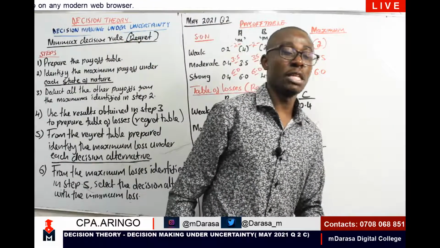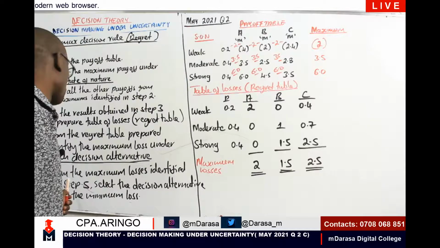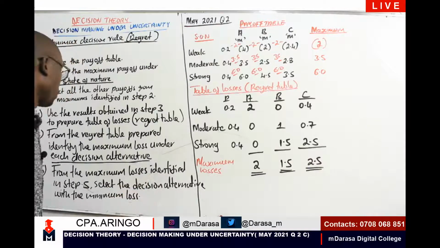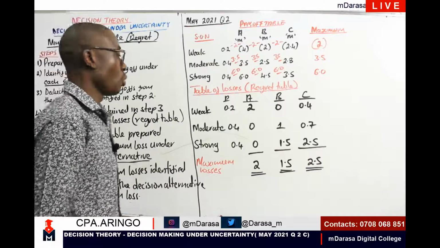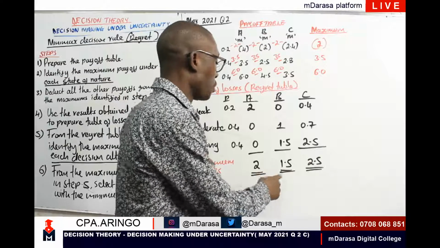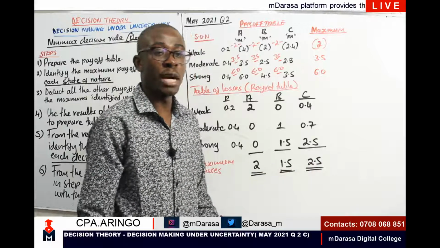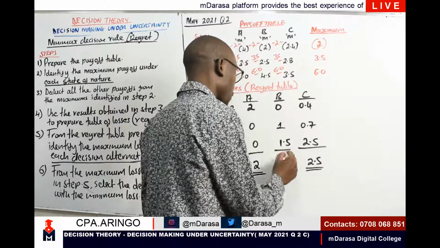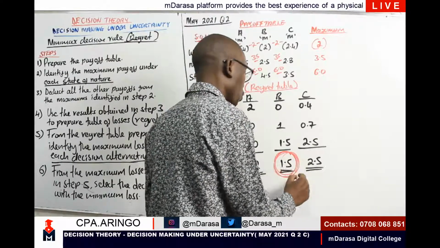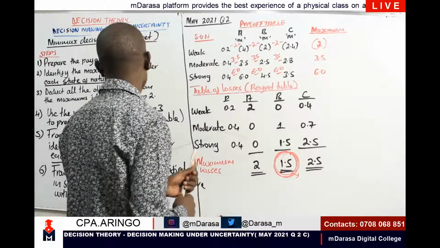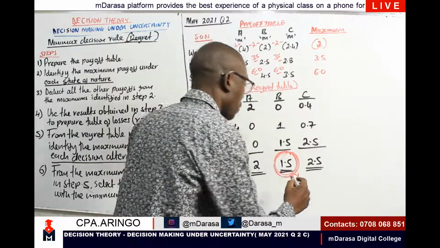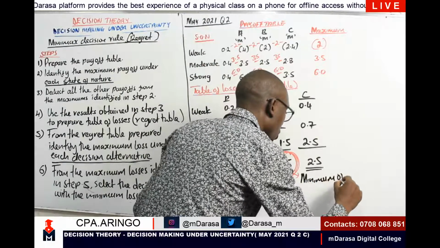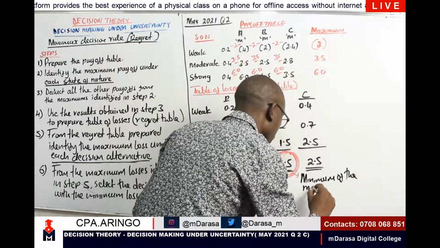The next step is to select the decision alternative with the minimum loss. Between 2, 1.5 and 2.5, where do we have our minimum? We can clearly see that we have 1.5. This is what we term the minimum of the maximum losses.